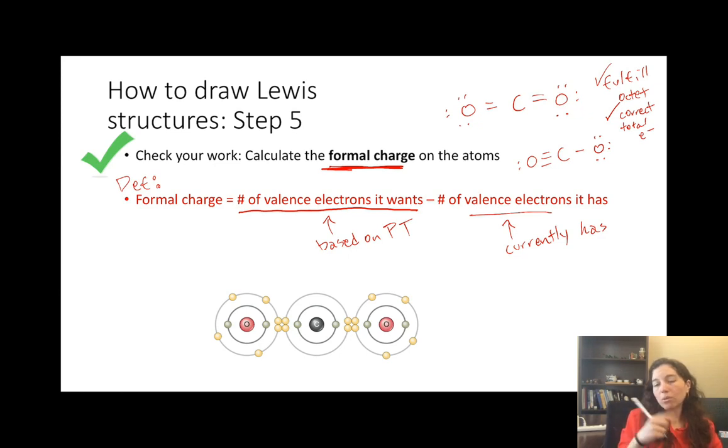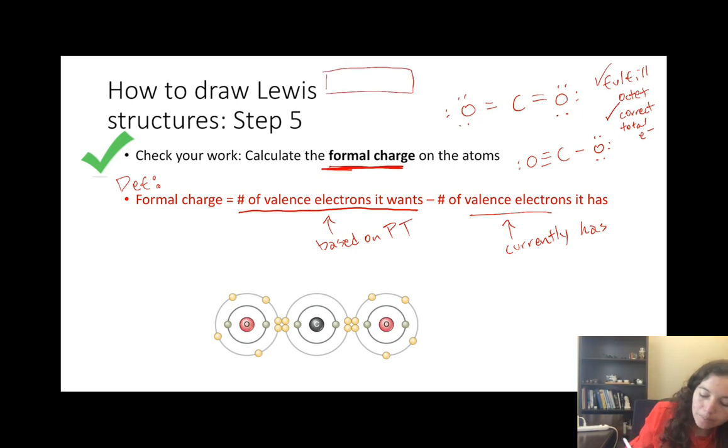But the box that we haven't checked yet is our formal charges. So let's go ahead and look at formal charges on here. Let's calculate these. So in order to find formal charge, we need to go to our periodic table. And our periodic table is going to tell us the number of valence electrons that an atom wants. So carbon, nitrogen, oxygen, fluorine. This is group 7A, 6A, 5A, or 15 if you want to look at it that way, 4A.